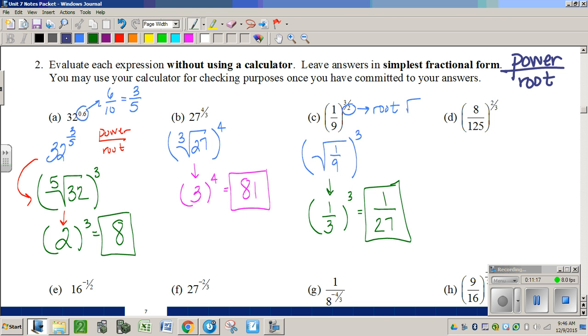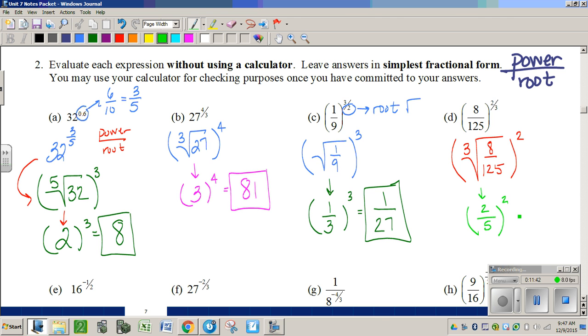Okay, another fraction raised to a fraction. It's okay, we can do this. So the root in this case is 3. So we're going to take the cubed root of 8/125. Well, lucky us, 8 and 125 happen to be perfect cubes. And after we get done taking the cubed root of them, we're going to square them. So the cubed root of 8 is 2, and the cubed root of 125 is 5.